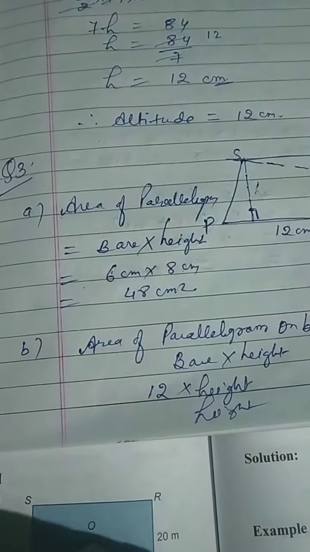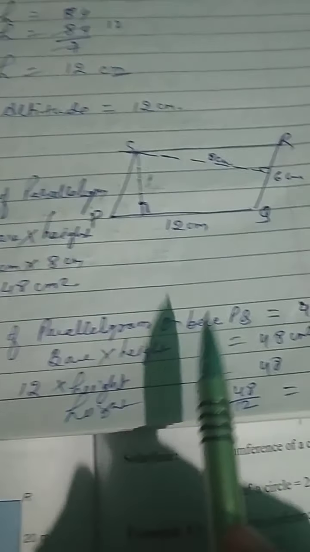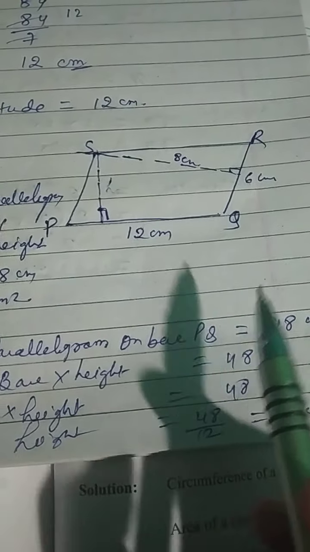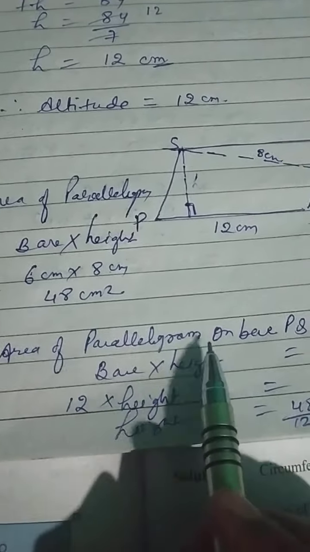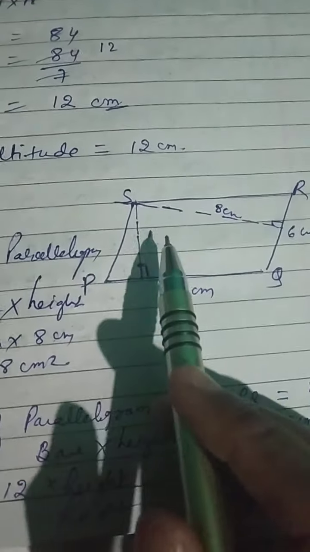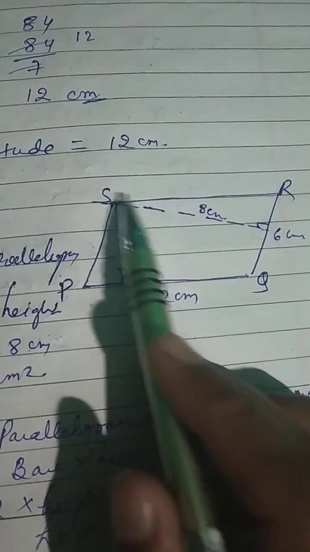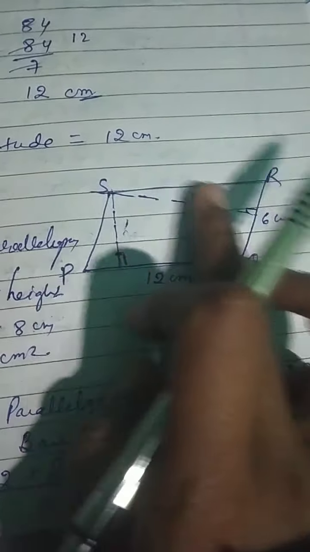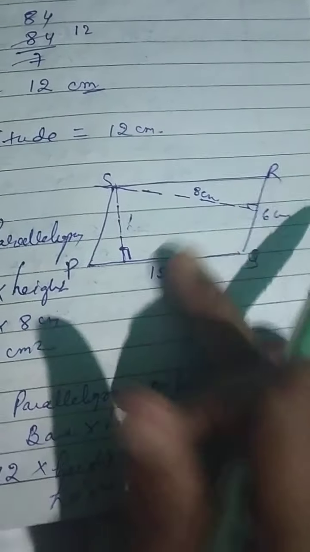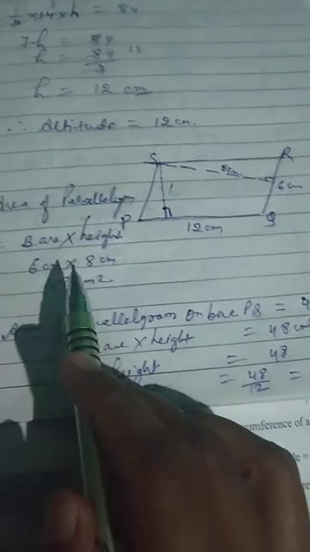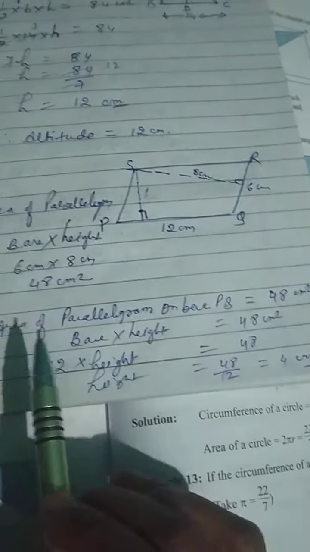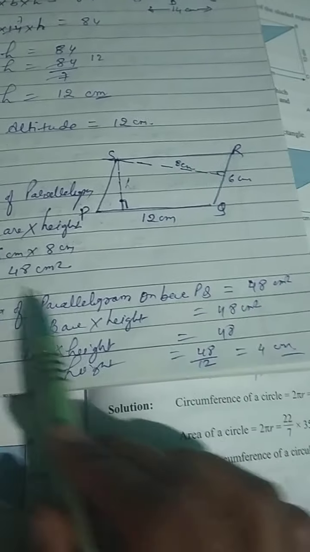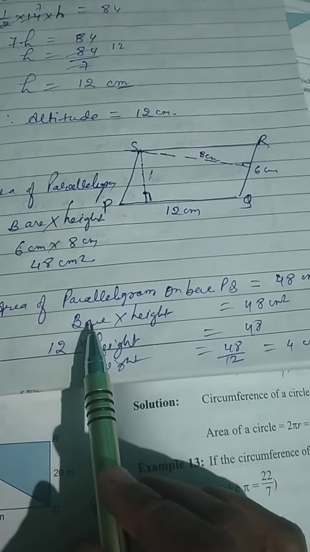Second, for the area of the parallelogram we can use this side as the base, because as I have told you, whether we take this side or this side as the base, the same parallelogram will have the same area. Its area will definitely not change. So this time we write the formula: base into height.